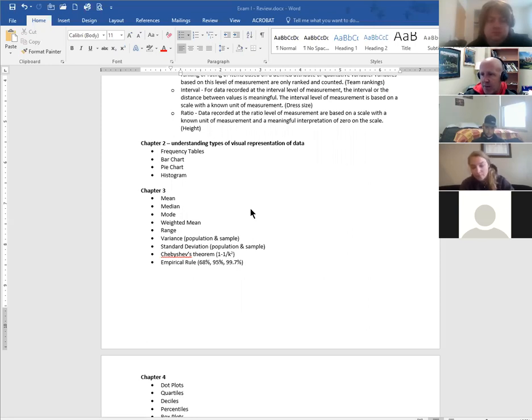This is where you'll see a lot of the things that you'll be asked to do within Excel: to calculate a mean, a median, a mode, to calculate a weighted mean and a range and a standard deviation. We won't do much with variance in there, but we will do the rest of those pretty heavily.